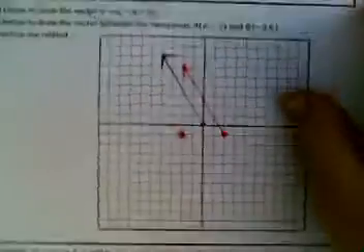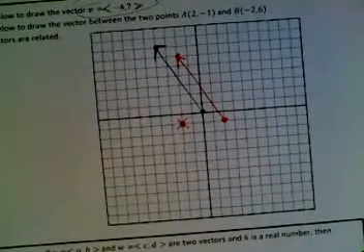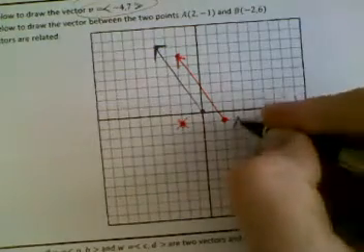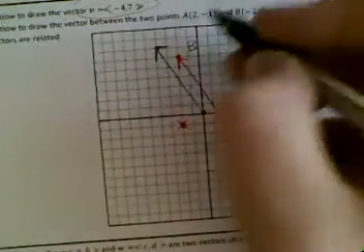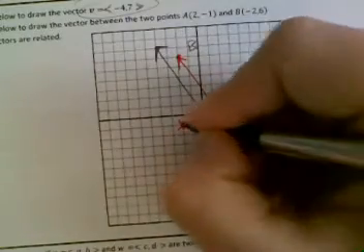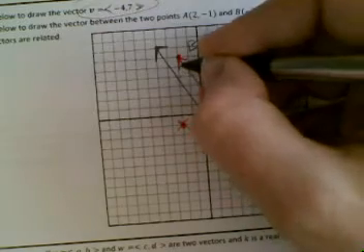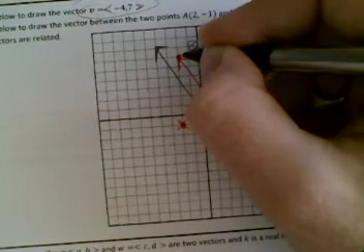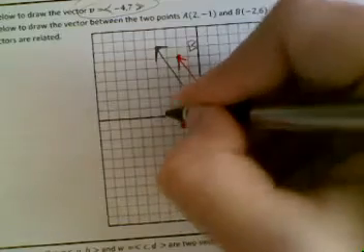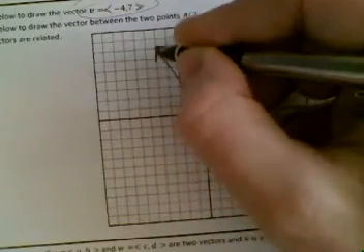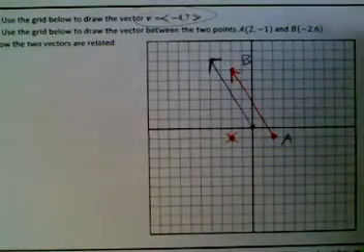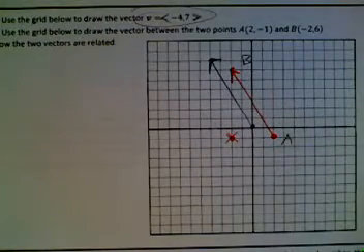Now notice something about this. Those 2 vectors look very, very close. This is A and this is B, so it is going from A to B. In the coordinate plane, these vectors look similar.